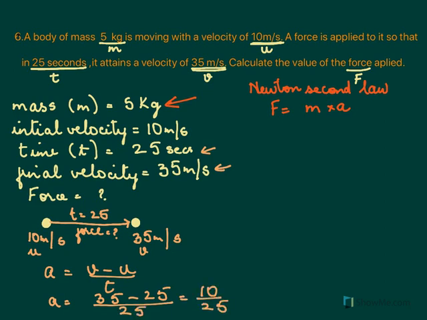So that is 10 over 25 meter per second square is acceleration. Here was a mistake. This is the time and your U is here. U is 10 meter per second, so I need to put 10 meter per second. Okay, so 35 minus 10, U is 10. 35 minus 10 is 25 over 25.